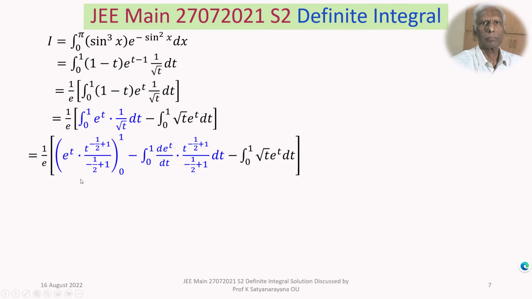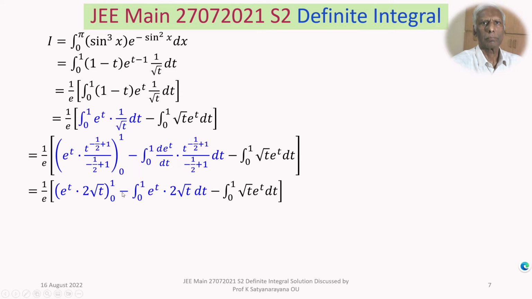And now we simplify, and that is equal to 1 by e into, and this will be 2 root t minus 1 by 2 plus 1 is 1 by 2. That 1 by 2 becomes 2 into root t to be evaluated between the limits 0 to 1.